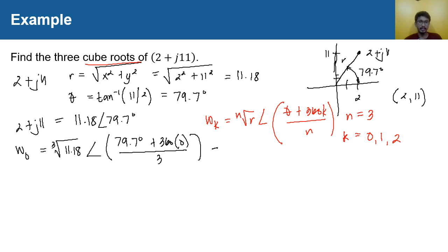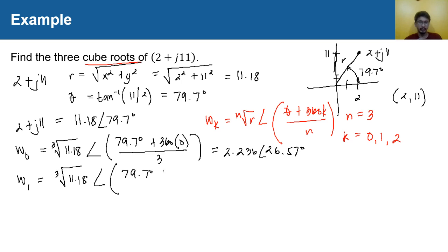Therefore, the answer for this one is 2.236 bar angle 26.57 degrees. Next we have w sub 1, that is the cube root of 11.18 bar angle 79.7 degrees plus 360 times k, which is 1, divided by n, which is 3. The answer for this one is 2.236 bar angle 146.57.